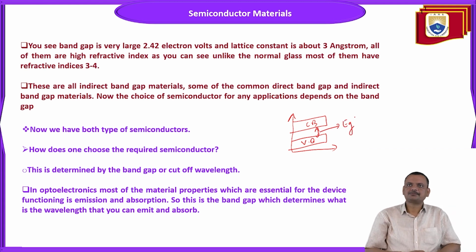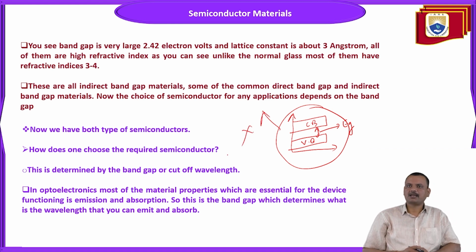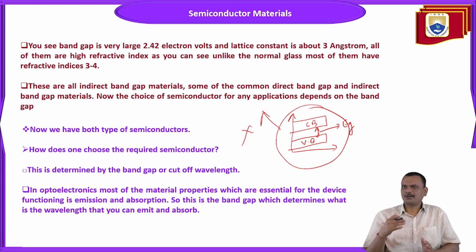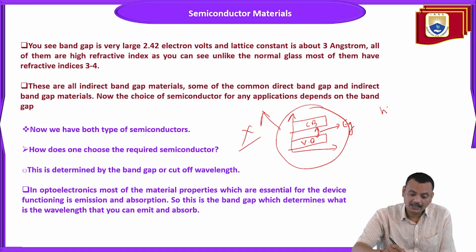So suppose this is one particular material X and this material has this energy band gap, and now some absorption of photons will be required for your desired optoelectronic application. So now this material X is going to absorb any photon having energy h nu.